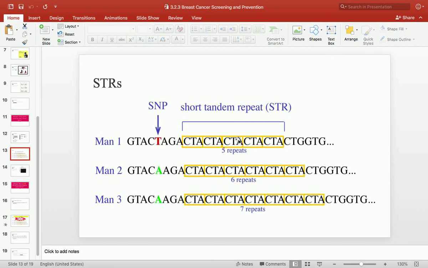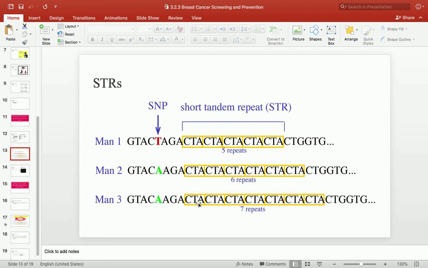Now man number 2 has 6 repeats, and man number 3 has 7. So clearly they have more repeats than this individual up here. You'll notice as well that the 5 repeats happen to correlate with a mutation in that particular SNP. Man 2 and man 3 don't actually have that mutation. But again, we don't know that because we haven't sequenced their individual DNA nucleotides.